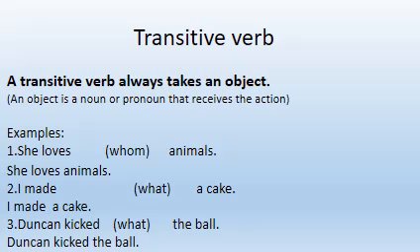So students, now we are going to learn what is a transitive verb. A transitive verb always takes an object. If the verb is used with an object and without the object the meaning of the sentence is incomplete, it means that verb is a transitive verb.